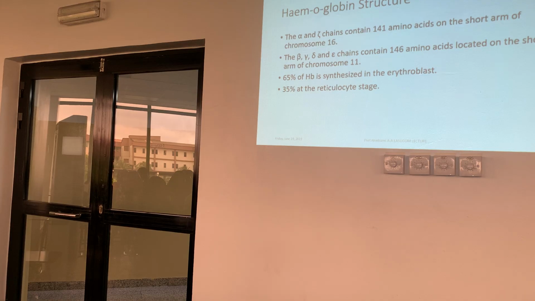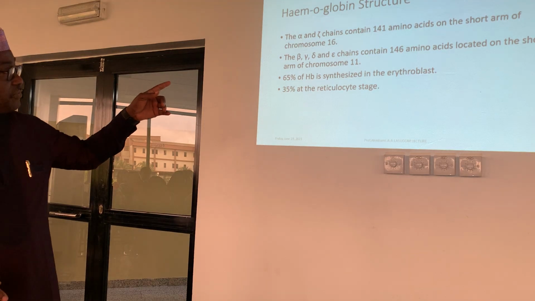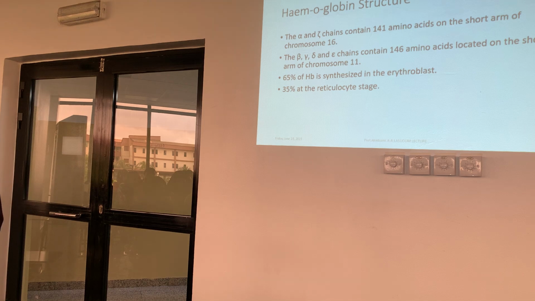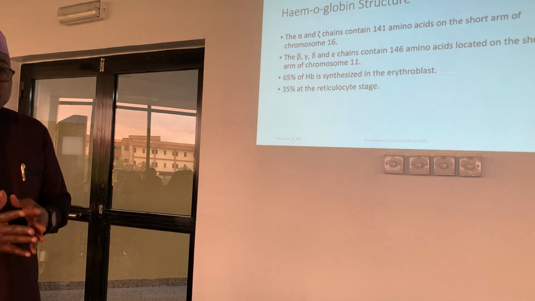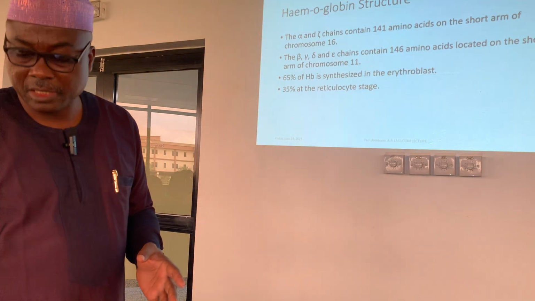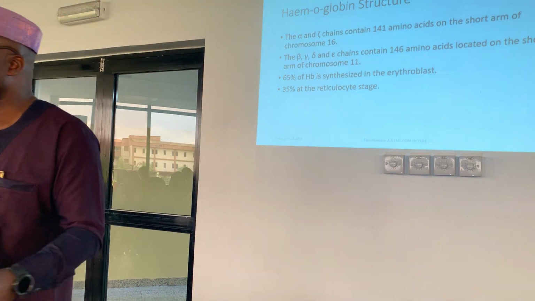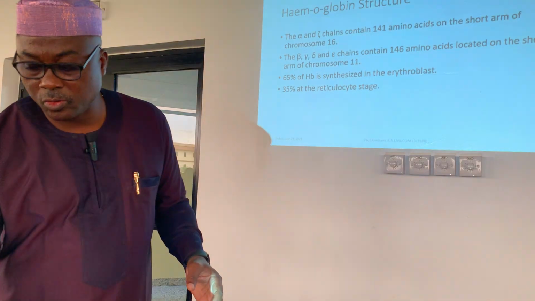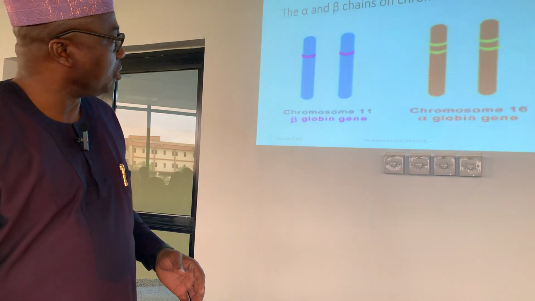So for you to have hemoglobin, the formation must have been complete before the cell becomes mature. That is why I said 65% of hemoglobin is synthesized in the erythroblast. Reticulocyte is the last stage; there is still mitochondria. But once it becomes mature, it loses its mitochondria and also its nucleus.